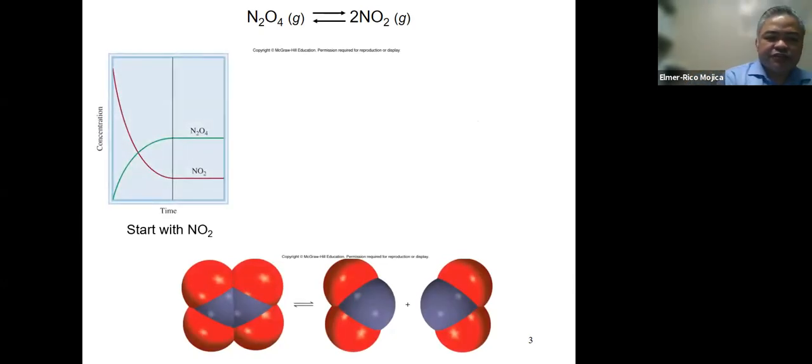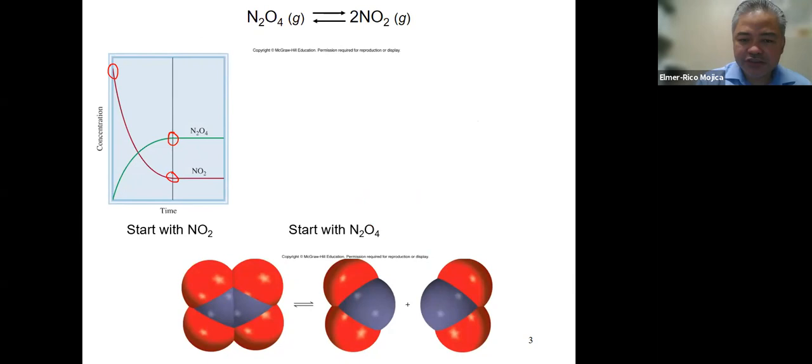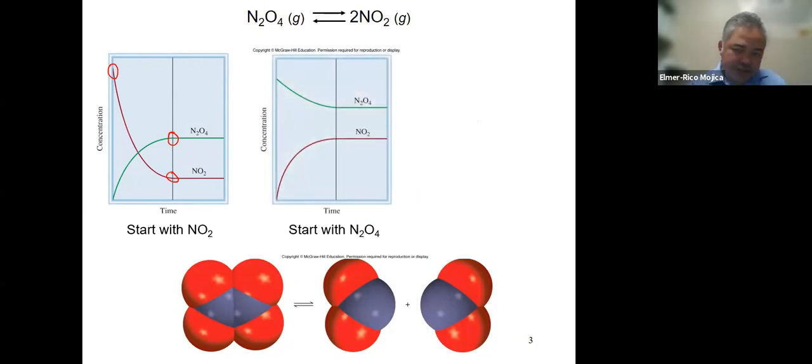So initially, you have only NO2. And after some time, when you force it to equilibrate, okay, there comes a time that the concentration of both the reactants and products remains constant. And then there's also an instance where it's the N2O4 that's the only one that is present. Okay.